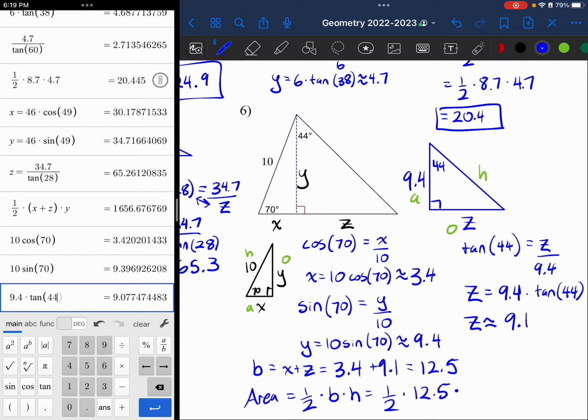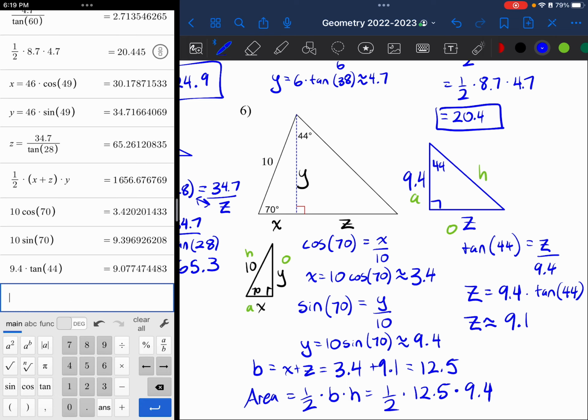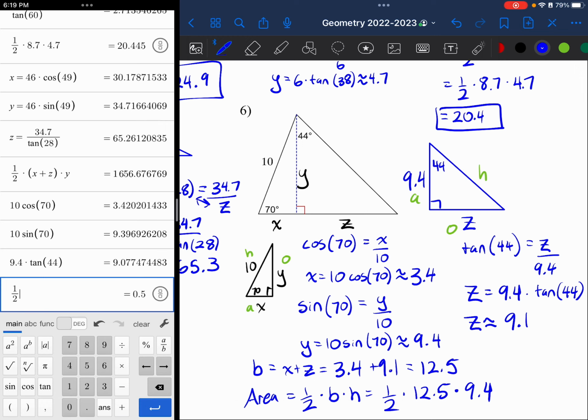The height is this y value up here, which was down here, that's 9.4, so I'm going to say times 9.4. This probably won't match the back, judging by the last problem, but let's see how close we get. I have 1/2 times 12.5 times 9.4, I get 58.8.